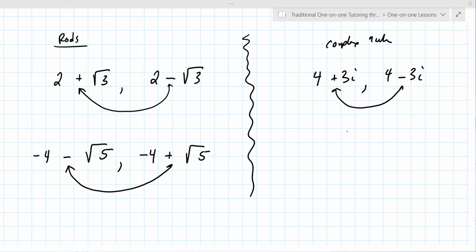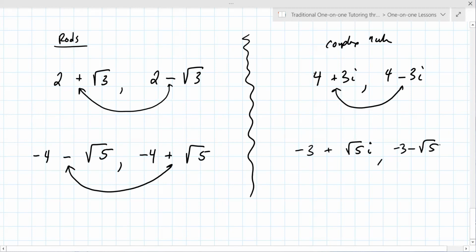The next thing is, what if I say minus 3 plus square root of 5i, which could happen. It pairs with minus 3 minus square root of 5i. I don't know why they make it so complicated. But I and a square root, yeah, there could be a lot going on.